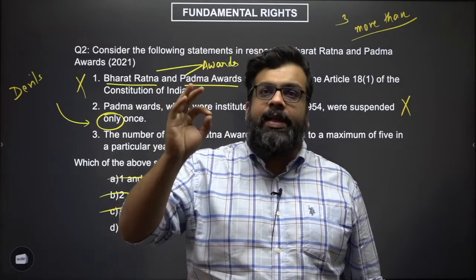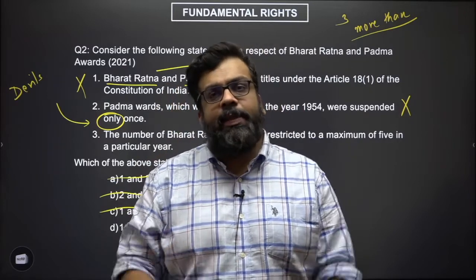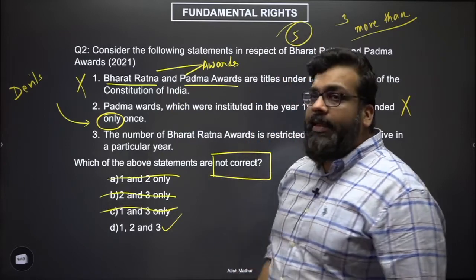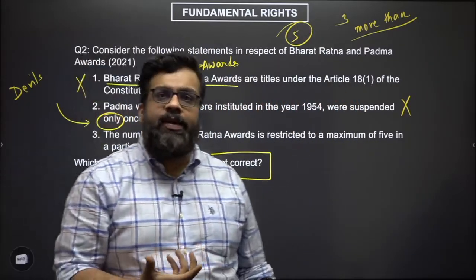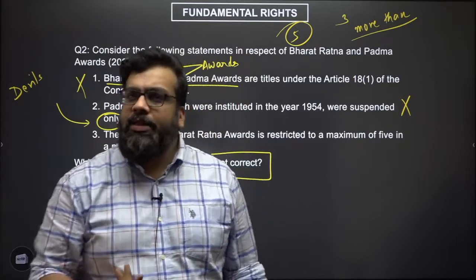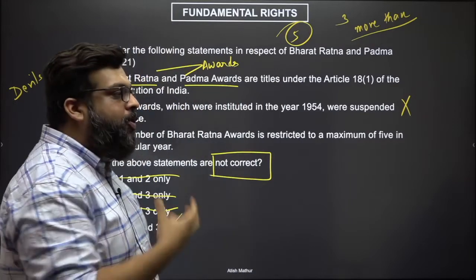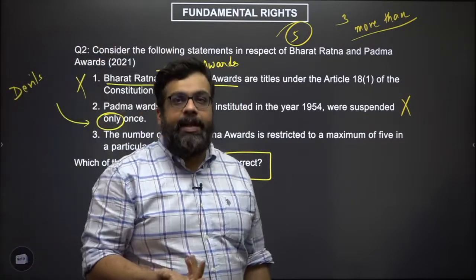It is the very zenith of achievement in the civilian space. If you're giving 5 people the highest award, aren't you diluting the sanctity of the award? It seems like it's too much, right? So that is why you would usually not keep it at a high number. That would be my guess.